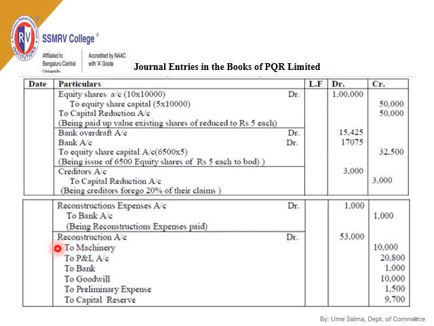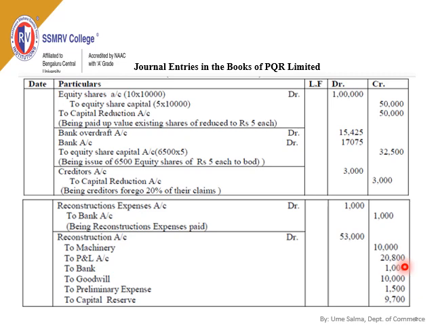This is to be written off. The first important adjustment towards the machinery is that it is overvalued. So 10,000 is overvalued, that we have to clear off against the reconstruction amount. And the profit and loss account is said to be written off completely.